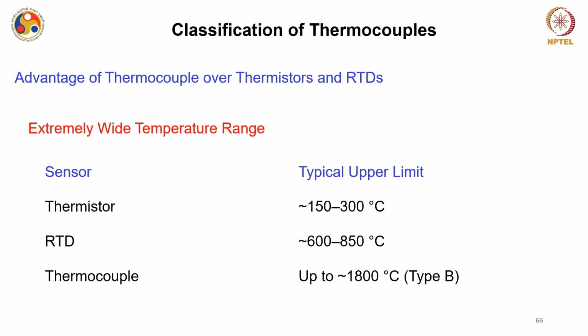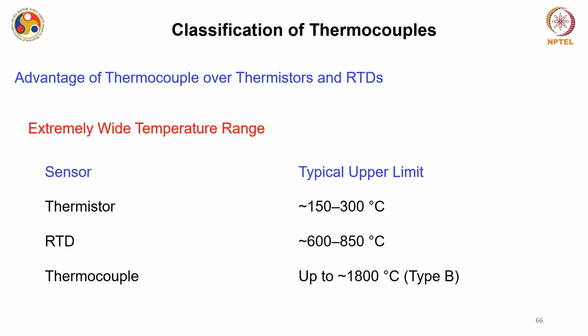So this is a little bit about the different thermocouples that already exist in the market. Okay, the advantages of thermocouples over thermistors and RTDs, I hope you have understood till now. You have already seen that type B can go up to 1800 degrees Celsius.